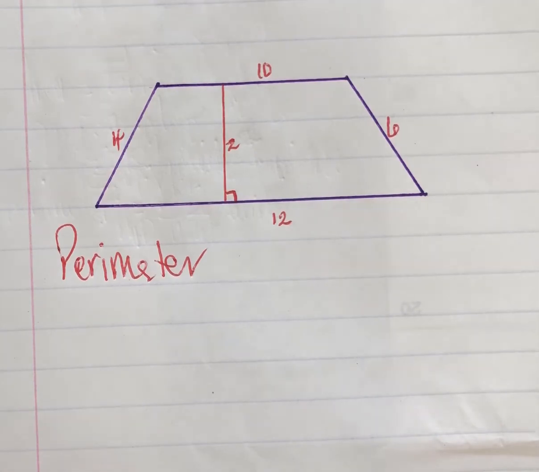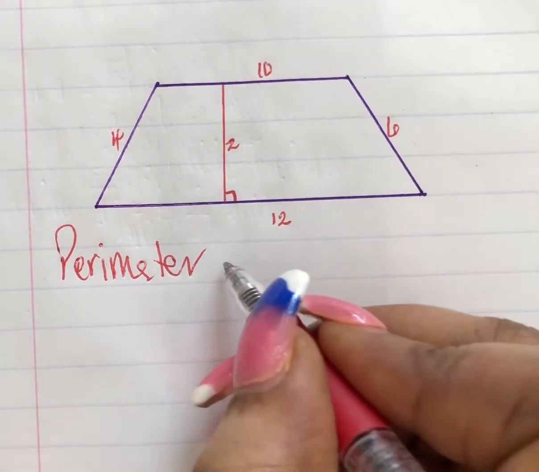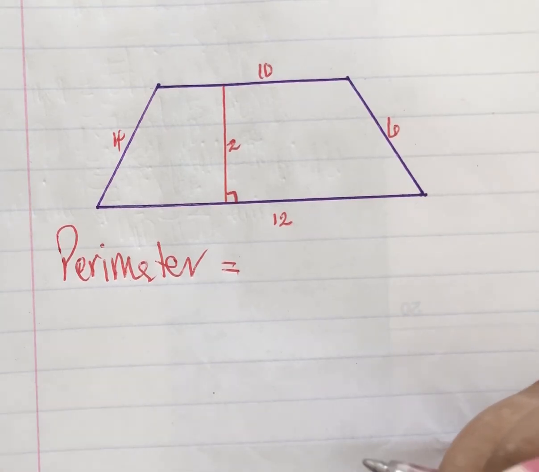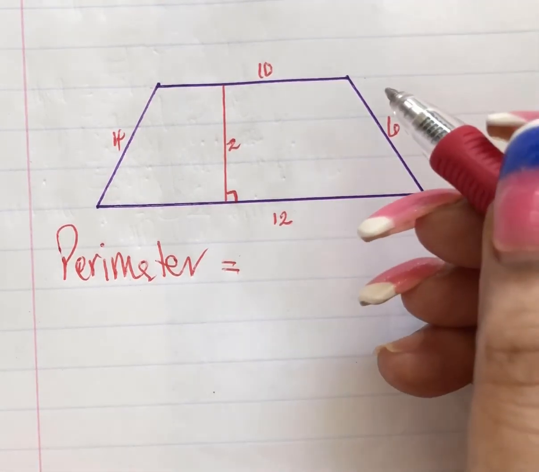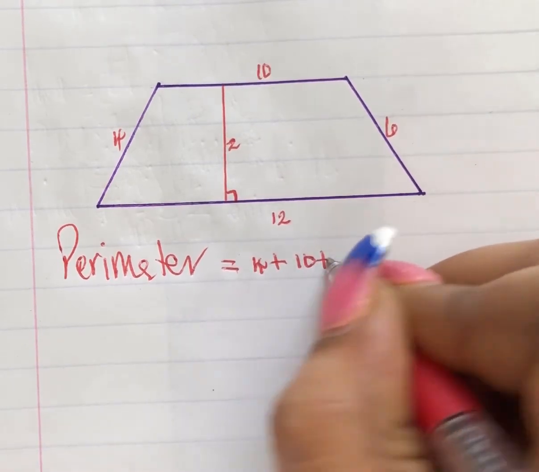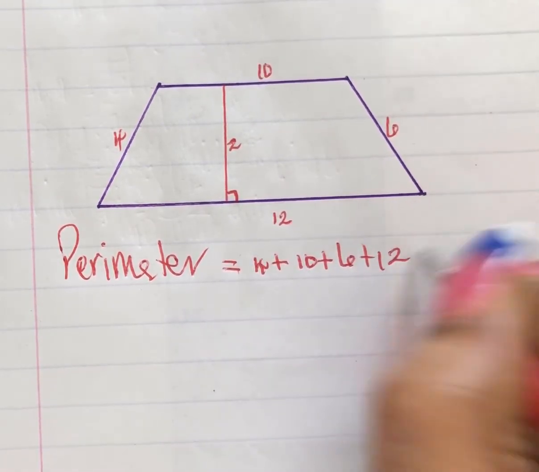All right. Perimeter means the sum of the distance around, and we must know all sides given in order to find our perimeter. So in this case, we're adding 4 to 10 to 6 and then to 12.